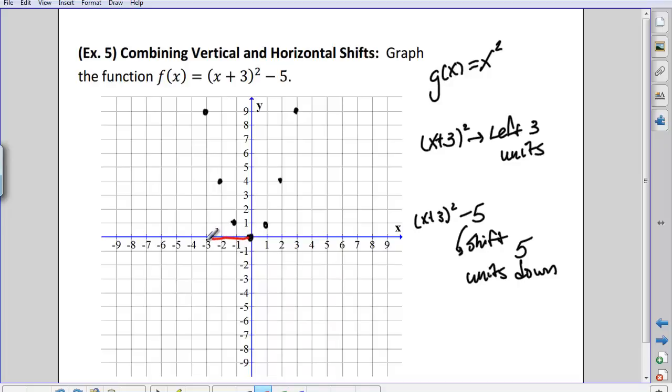So left 3, down 5, there's that new point. We just continue this process, left 3, down 5, left 3, down 5, left 3, down 5. Do that for all these. Kind of gets messy there towards the end, doesn't it?